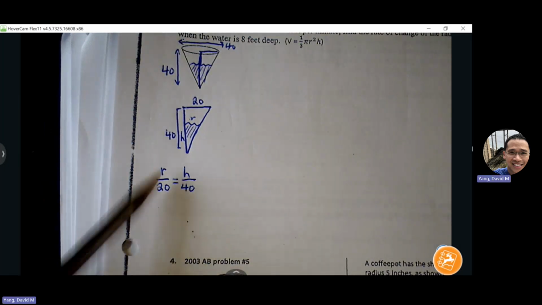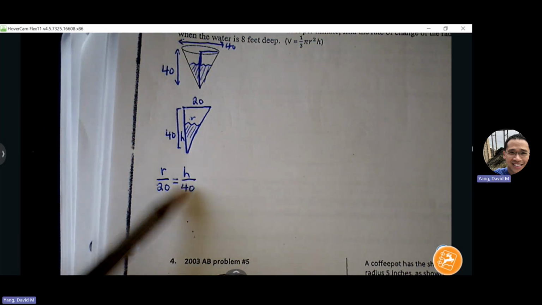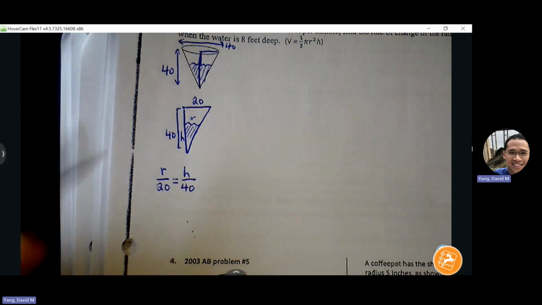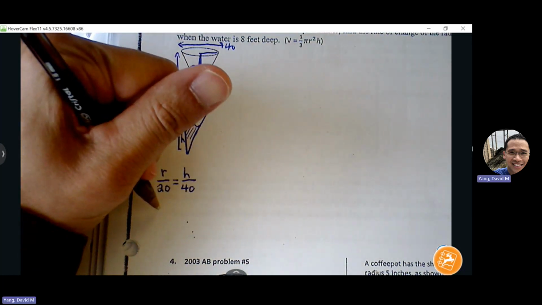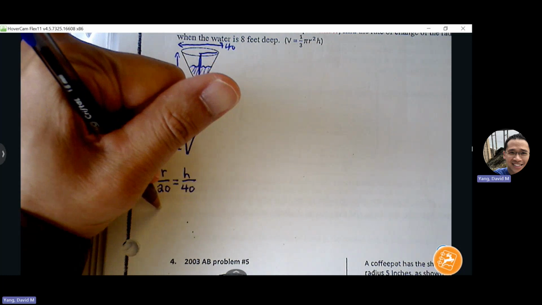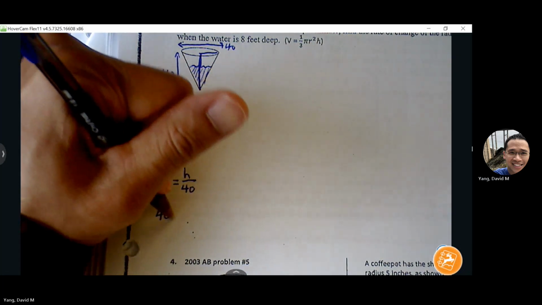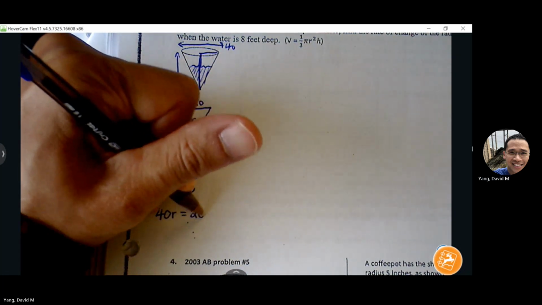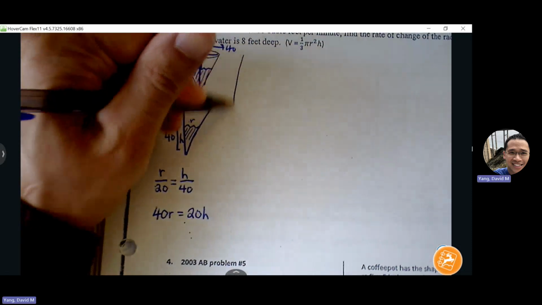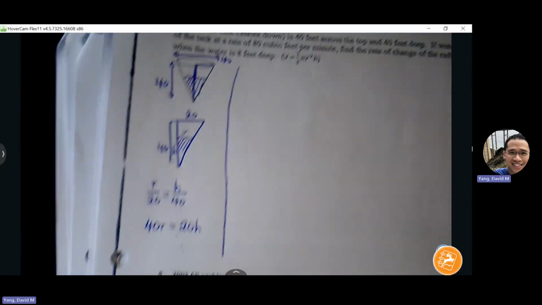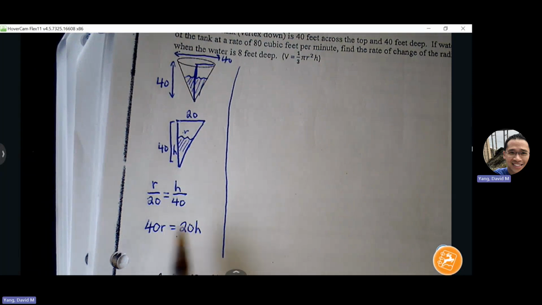Now we don't know which one to solve for yet, but I'm just going to do one more step here, cross multiply. Then when I'm ready for my last step, I can take it. So I'm just setting up for whichever variable I want to solve for. I can quickly do that with my next step, but I don't know yet which one to solve for.